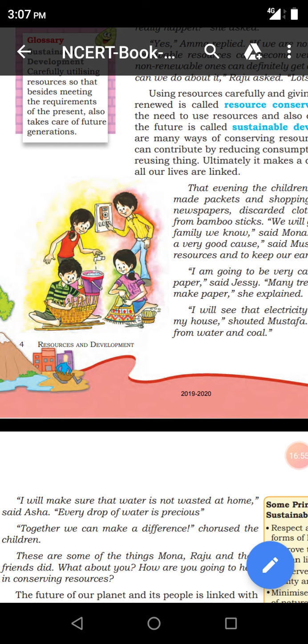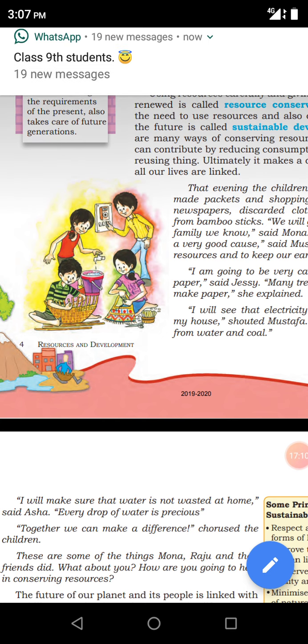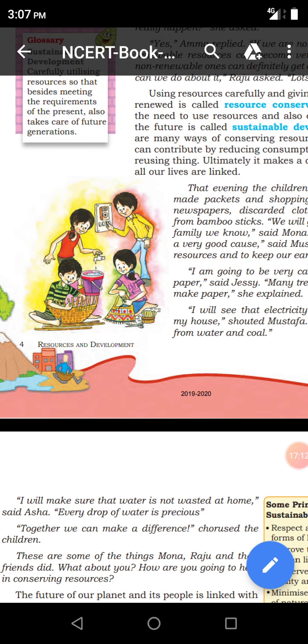Instead, it may be useful at some time in future. It means that it has the potential to have utility, although it does not have any today. Examples include uranium deposits in Ladakh.